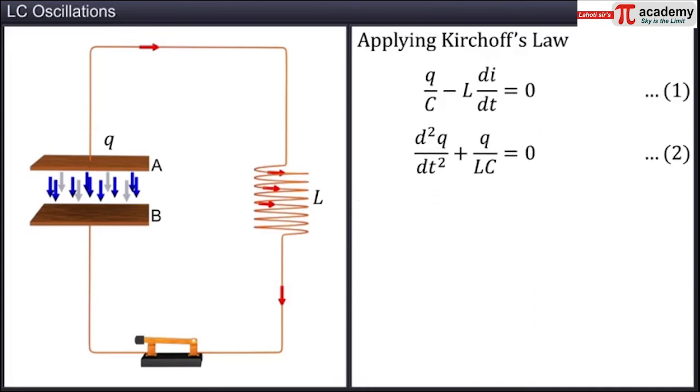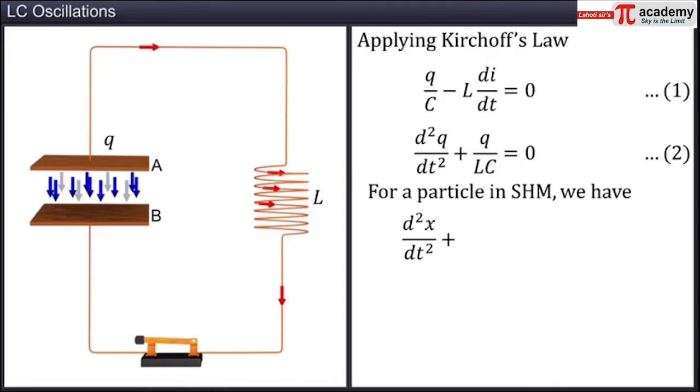We learnt earlier that the equation of motion for a particle of mass m in simple harmonic motion along the x-axis with a natural angular frequency omega naught is d square x by dt square plus omega naught square x is equal to 0. Let this be equation 3.